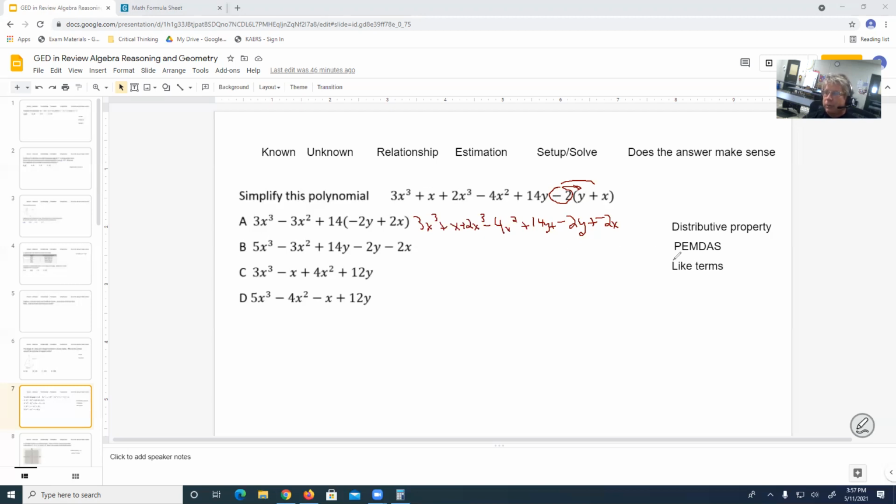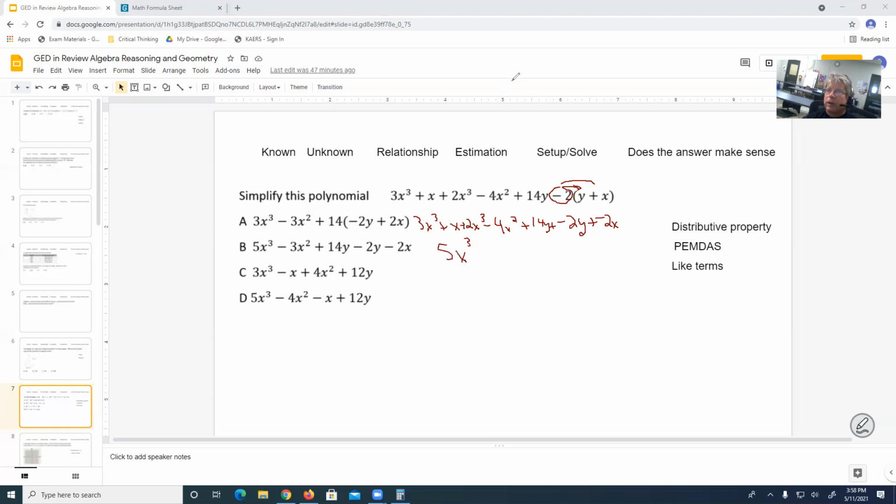To combine like terms, the way we do this is we have to focus on the variables. The variables that are the same with the same exponent are like terms. And when they are like terms, all you got to do is focus on the coefficients. So this 3x cubed and this 2x cubed are what we call like terms. So I can put those together. So that's going to be this 5x cubed.